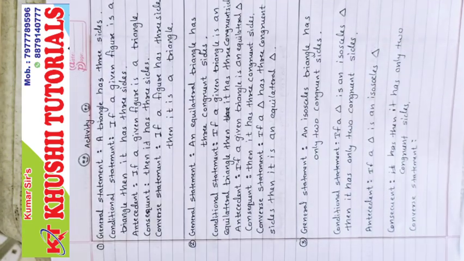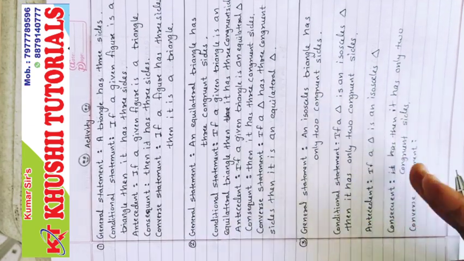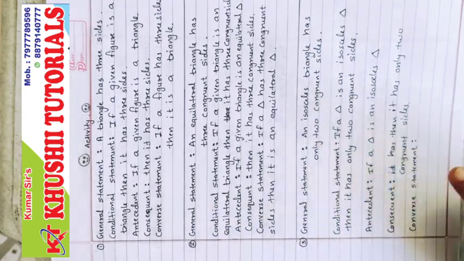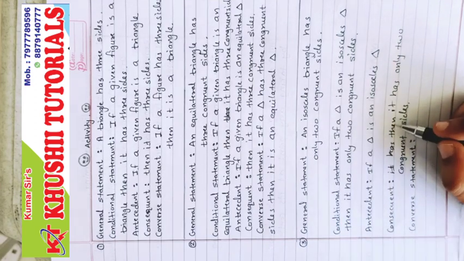Next is the converse statement. Now what will come in the converse statement? Earlier, if a triangle has three congruent sides, then it is an equilateral triangle. Here also, interchange if and then. Here if will come.